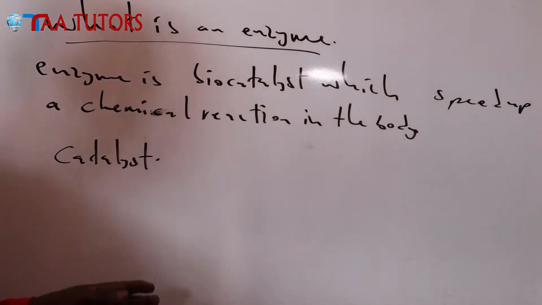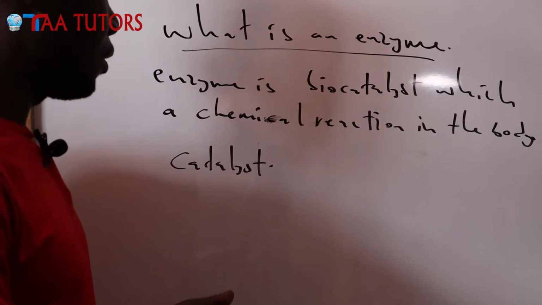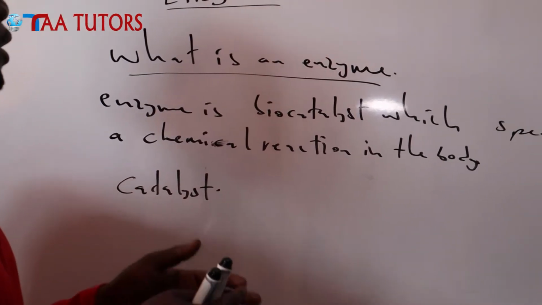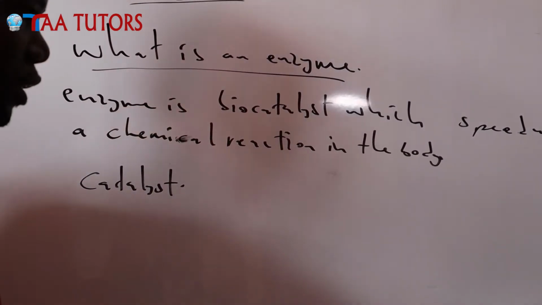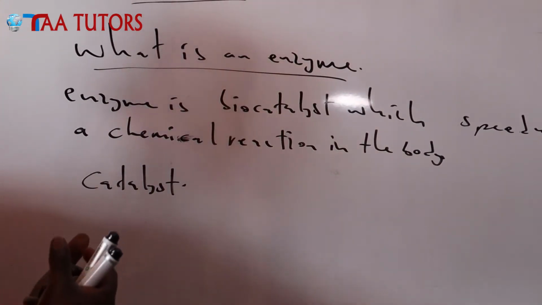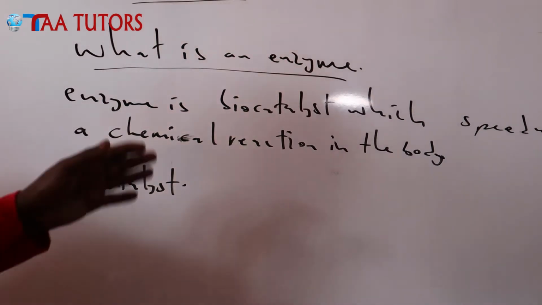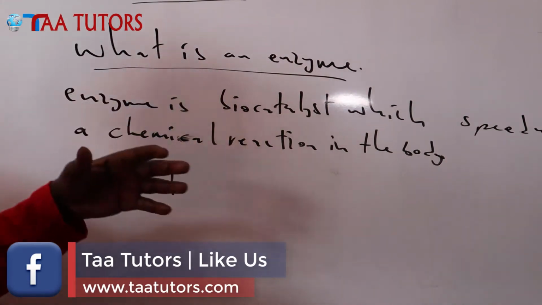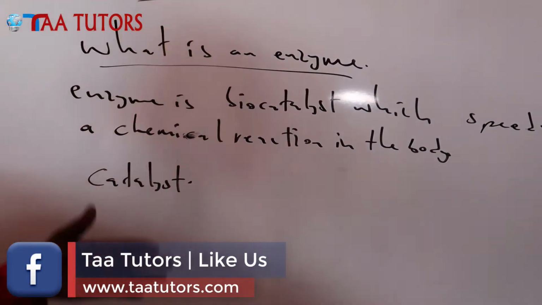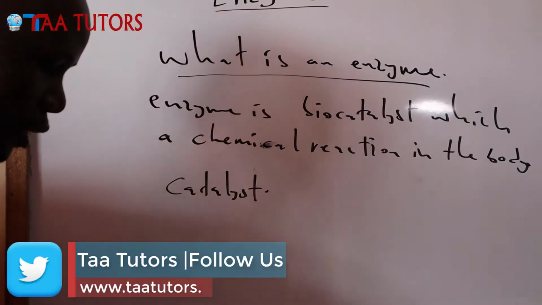That is what a catalyst is, a substance that speeds up the rate of reaction, and itself is not changed at the end of the reaction, and it does not change the product that is formed. So the enzyme is an example of a catalyst, only that this one is a biological catalyst, a living catalyst.